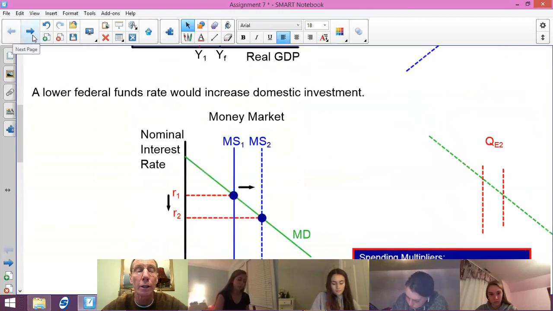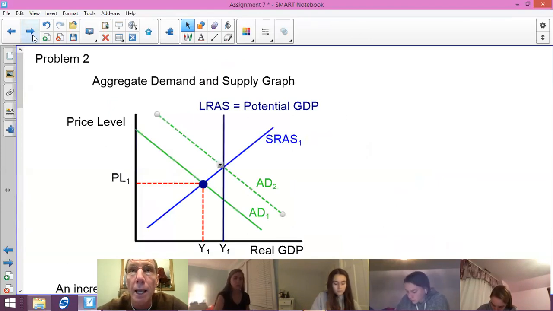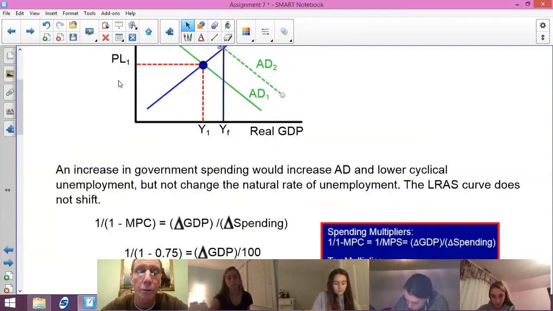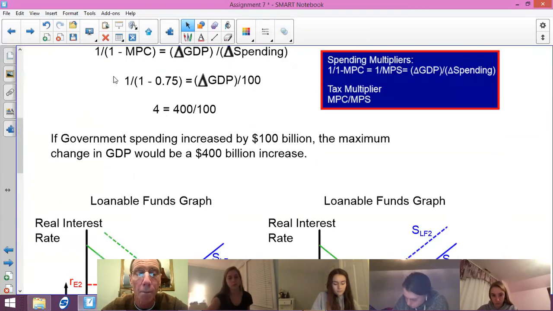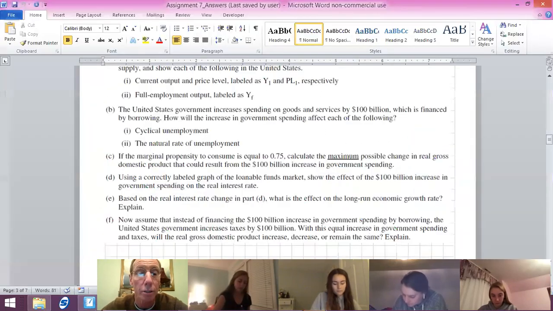Real interest rate does, right? So if the nominal interest rate is 5% and inflation is 2%, then the real interest rate would be 3%. So that's one of the differences. So don't get confused on that. But let me go back and see what they're asking us.